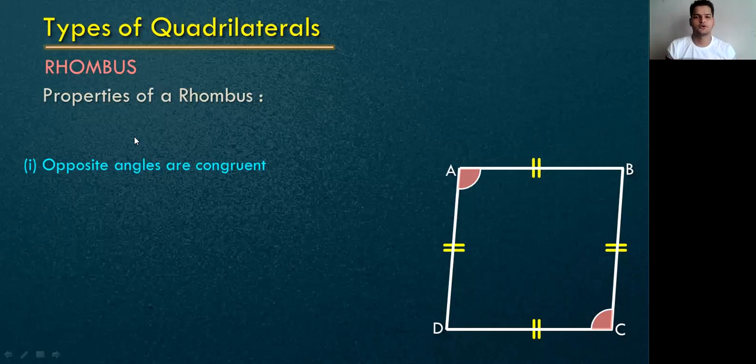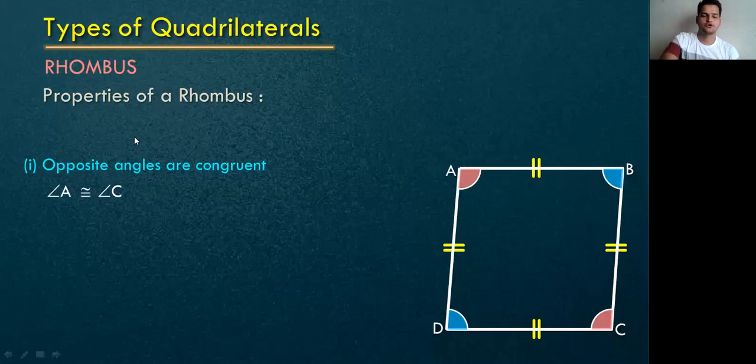So they both will be congruent to each other. So let us write that statement. Angle A is congruent to, oh, not to angle B, it is congruent to angle C. Perfect. Fantastic students. Now on the same note, if you observe angle B, the opposite angle is D. So we will write that angle B is congruent to angle D.